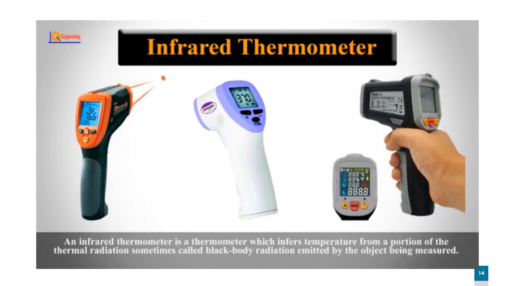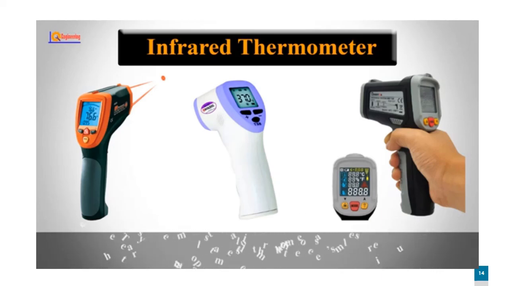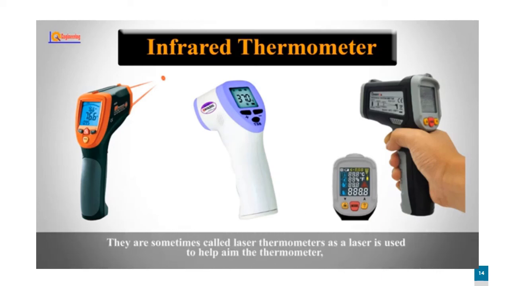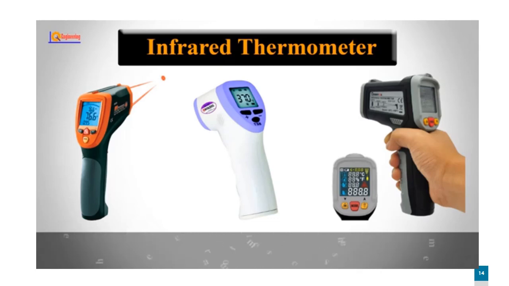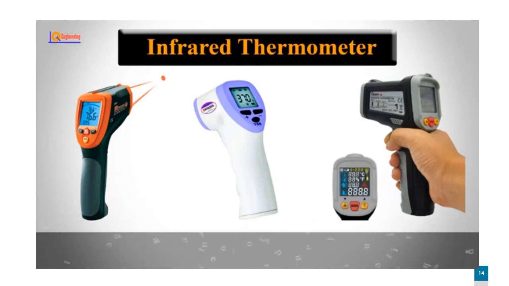Infrared thermometers. An infrared thermometer is a thermometer which infers temperature from a portion of the thermal radiation, sometimes called black body radiation, emitted by the object being measured. They are sometimes called laser thermometers as a laser is used to help aim the thermometer, or non-contact thermometers or temperature guns to describe the device's ability to measure temperature from a distance.